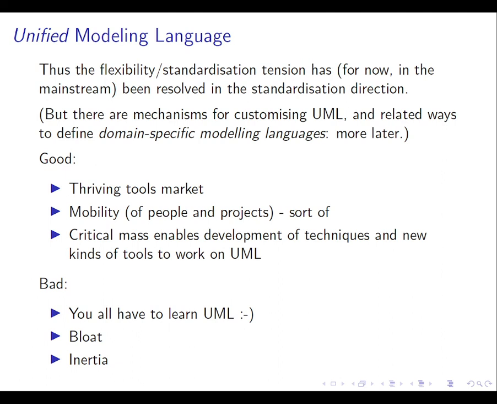And this kind of critical mass has enabled the development of a whole lot of techniques and new kinds of tools to work on UML. In the early days, this was largely about stuff like verification. If you're going to do some kind of model checking or performance analysis on your system at the design stage, before you've actually got implemented code, you can have some hope of being able to do those kinds of things using a UML model as input, and that's a really exciting thing to be able to do.